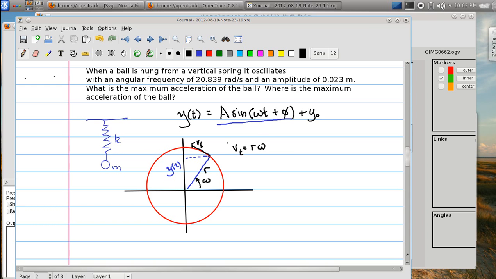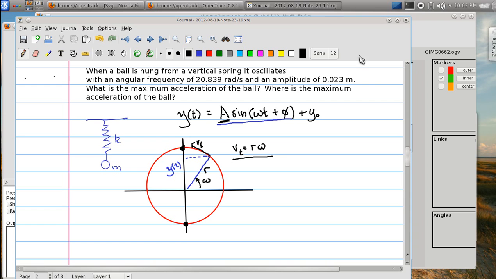Really, this A is that amplitude. For a unit circle, that amplitude is 1. For an arbitrary sine wave, the maximum amplitude occurs here and there, and everywhere in between it's less than that. So the amplitude corresponds to that r, and your tangential velocity looks like this.